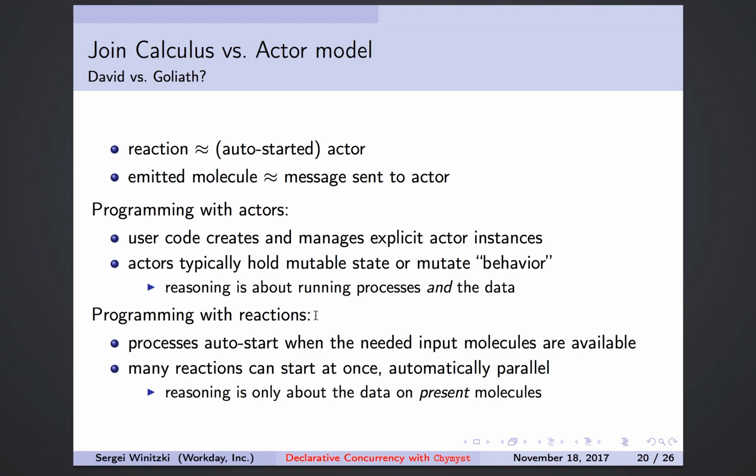When we program with a chemical machine, processes automatically start. So all we need to reason about is what molecules are present. Whenever the input molecules are present in the soup, the reactions will start. Many reactions will start at once, and that's safe because they will consume different instances of input molecules. So there is no shared state and there is no race condition on the shared data.